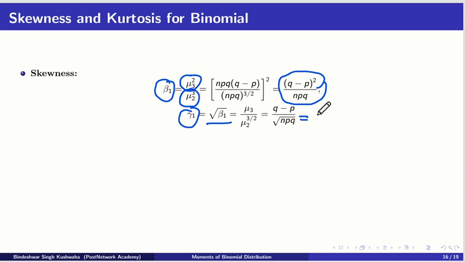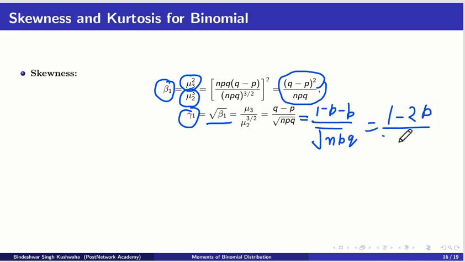You can also write it as (1 minus p minus p), that is also equal to (1 minus 2p) upon the square root of npq. If p is equal to 1/2, there is no skewness. If p is less than 1/2, that would be negative skewness. If p is greater than 1/2, positive skewness.